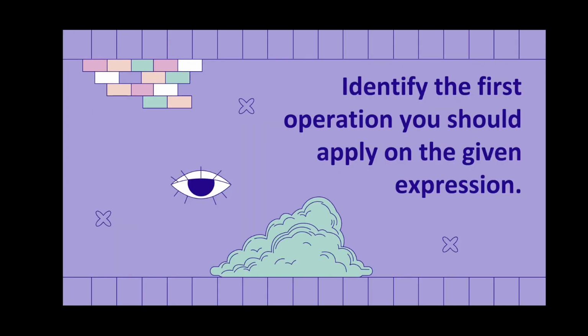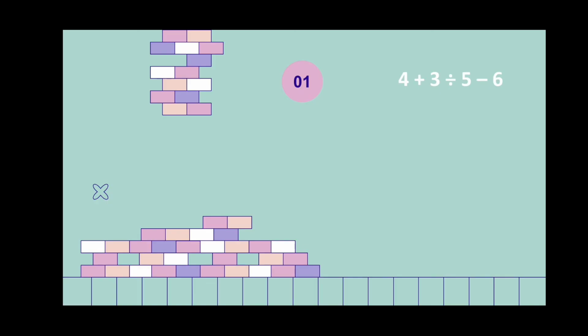Okay, so first activity, identify the first operation you should apply on the given expression. You're not going to solve the given expression, instead, i-identify nyo lang kung ano bang operation yung dapat ninyong unahin. Okay, you ready? Number 1. 4 plus 3 divided by 5 minus 6. For number 2, 4 times 3 divided by 10 plus 9.